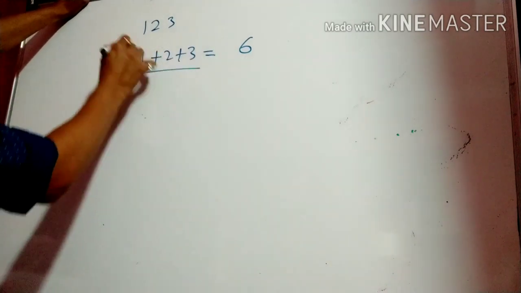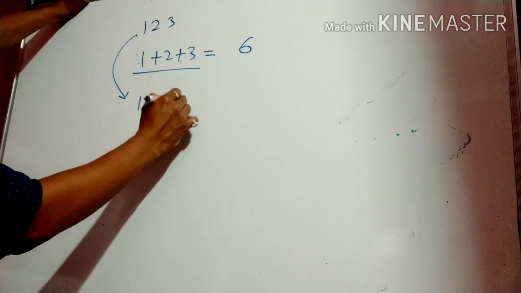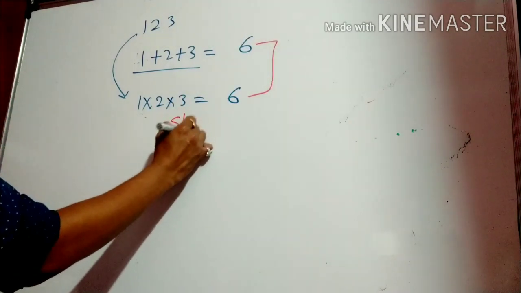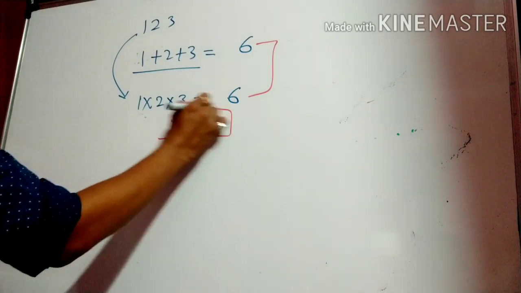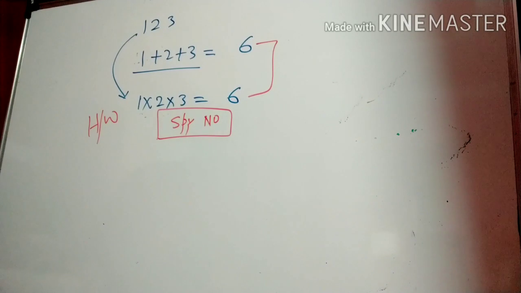This is the sum of digits, and product of digits means 1 into 2 into 3. If sum of digits is equal to product of digits, that is known as an SPI number. So children, this is homework. Input a number and check whether the number is an SPI number or not.